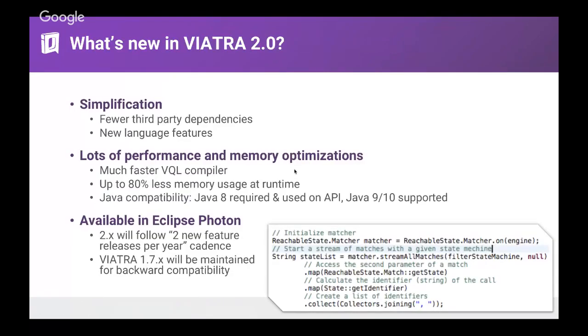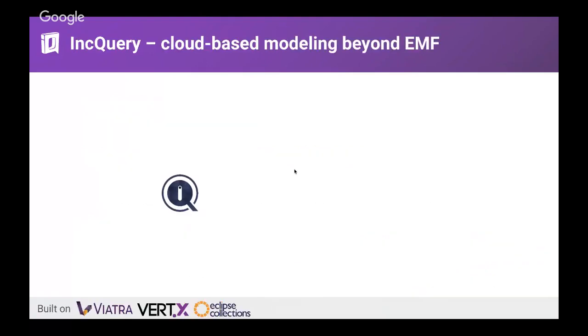Basically, what I would like to talk a little bit more about is the ecosystem or the context which is expanding around VIATRA technology. And the most important development where VIATRA has been utilized, especially with these new 2.0 features, is the technology that we as a company started working on.